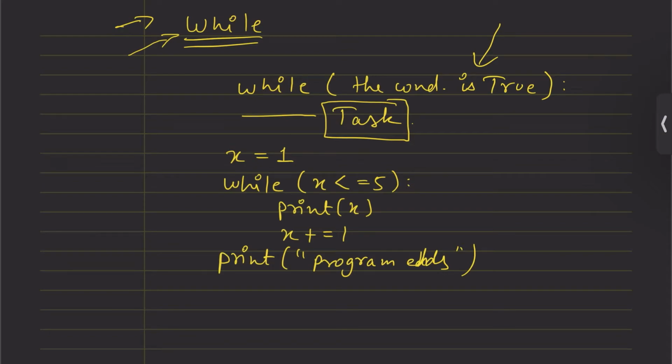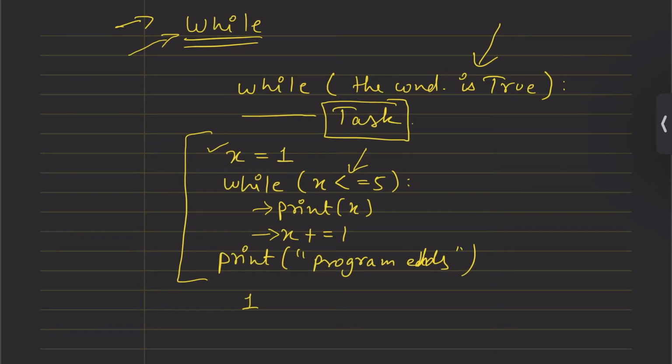Okay, so what this program will do is start x with 1, then the condition inside the while loop is checked. If this condition is true, as you can see it is true, it will go inside the while loop and it will print x. So what will be printed? 1 will be printed, and then the value of x will be incremented by 1.